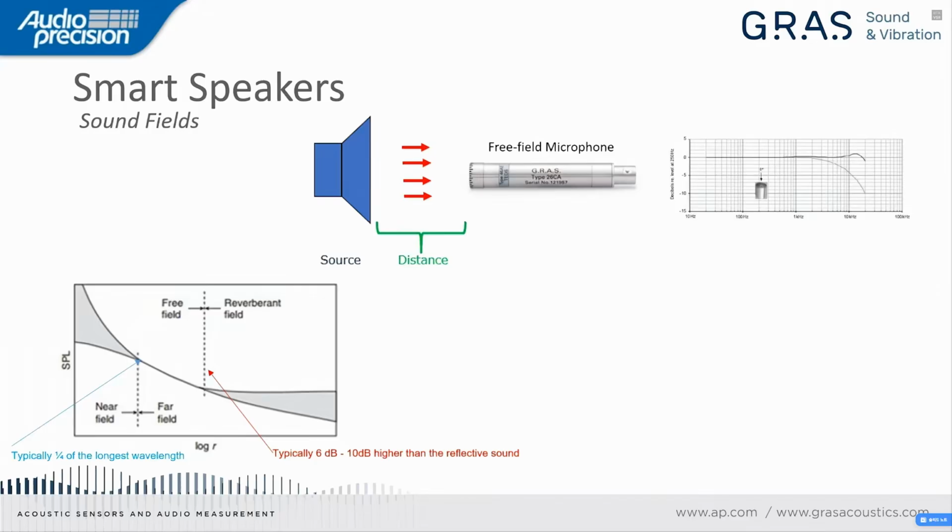But if you move your microphone closer to the source, so you start working in the near field, then the microphone will start acting like a pressure microphone, and it will measure the sound pressure level with its pressure response, which is the gray curve we have here.